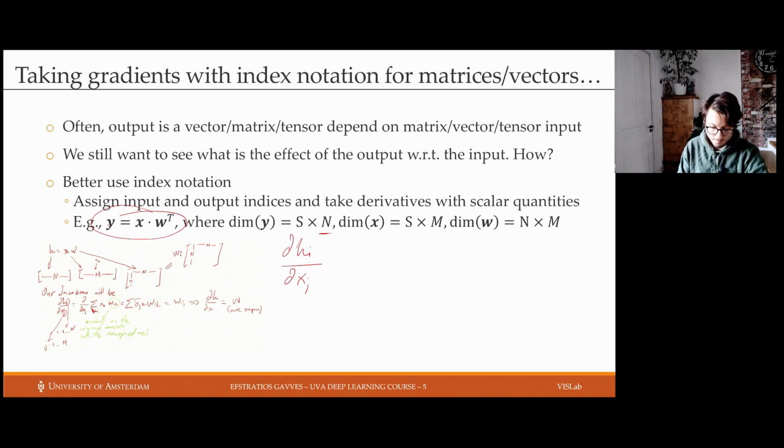So, for instance, in this particular example, let's say we want the partial derivative of the ith output with respect to the jth input. So we take the partial differentiation operator over our linear operation, which is a sum.